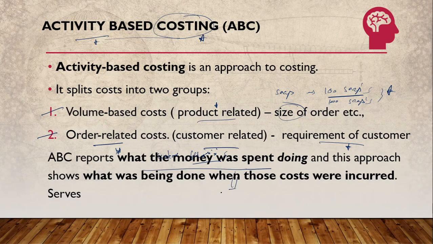So how you have spent the money, you will come to know when you do the ABC. And in this way you will also know what was being done when those costs were involved. First is knowing where the money was spent. And the second thing is knowing what you were doing when the money was spent. So this is the second thing which ABC will help you to know.